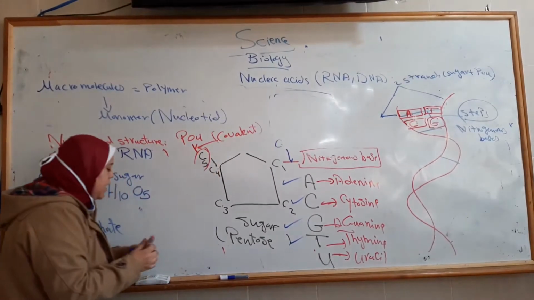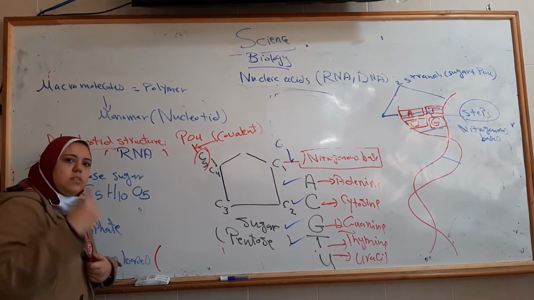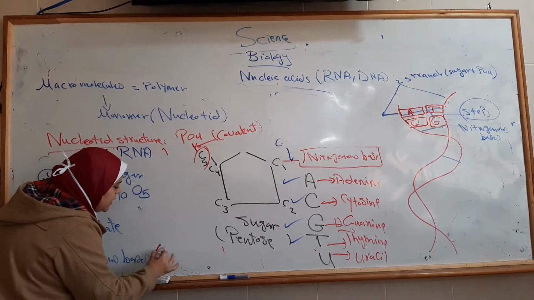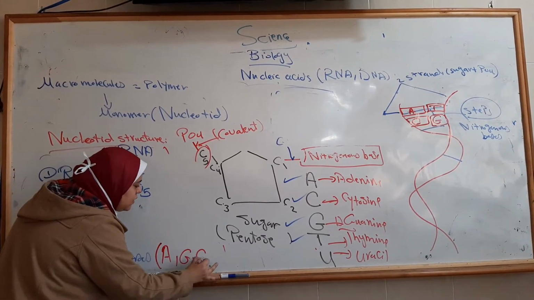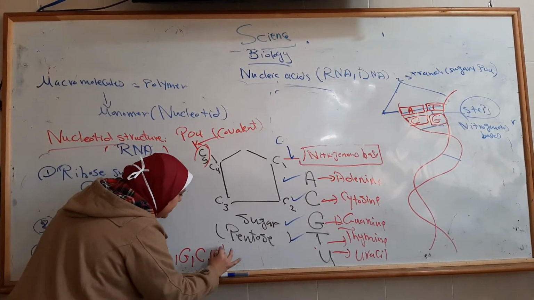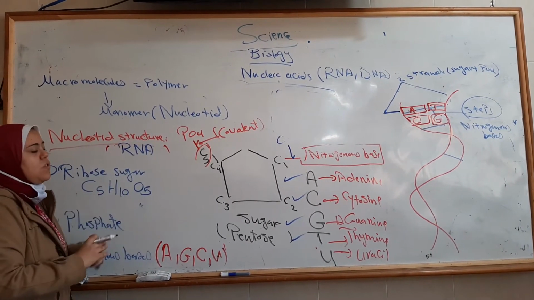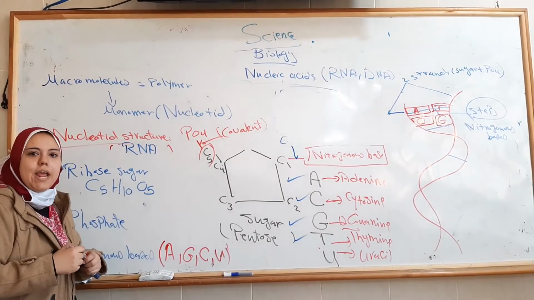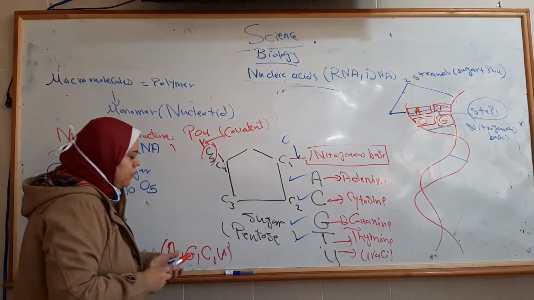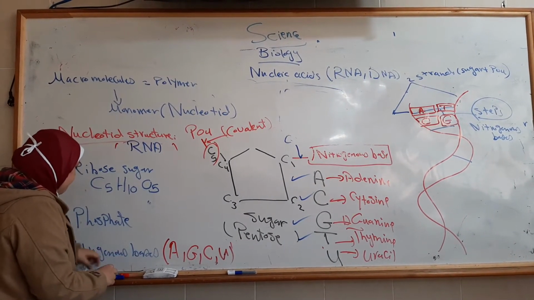So we have here 3 old and 1 new: adenine, guanine, cytosine, and uracil. Okay, this is the structure of the RNA nucleotide.